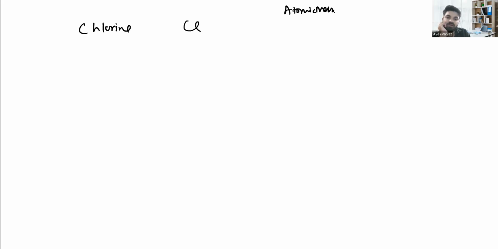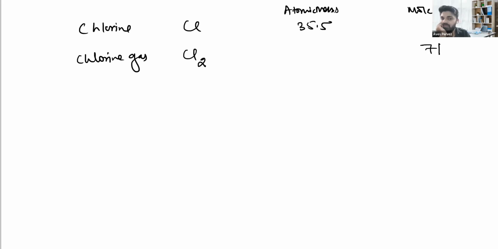If it is Cl only, then its mass is 35.5. And if I'm talking about chlorine gas, it exists in the form of Cl2, so 35.5 into 2, you will get 71. Got it?